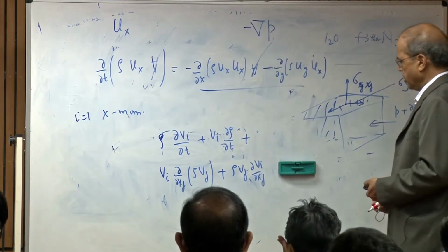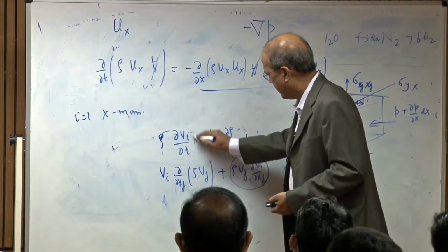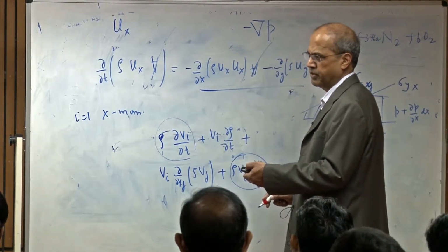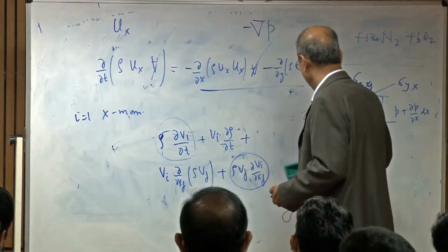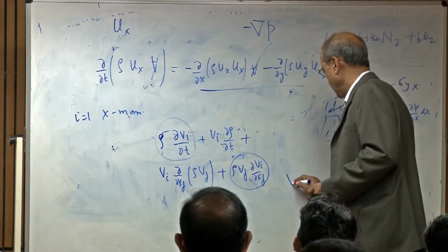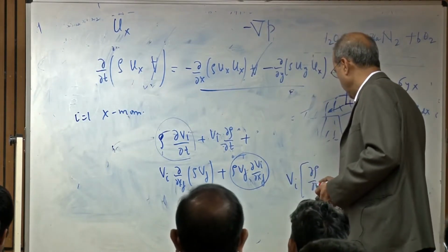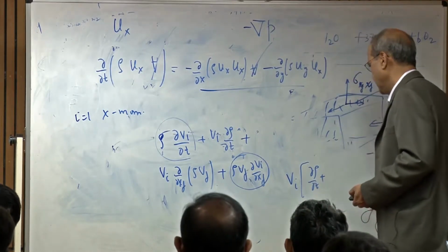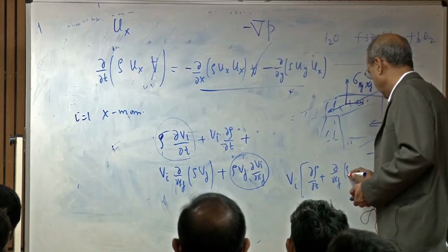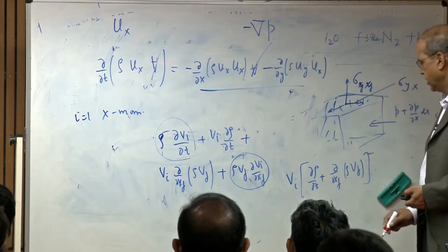Okay. So now this term and this term appear in the non-conservation form. Okay. So what about the other two terms? Okay. If you look at the terms, it is vi times d rho dt plus the other term.